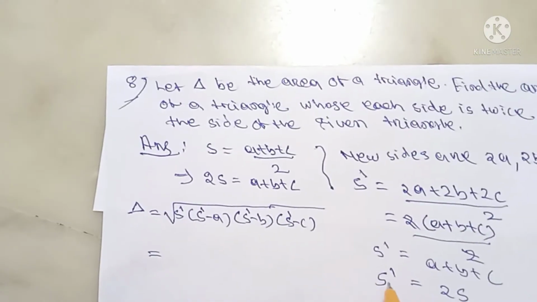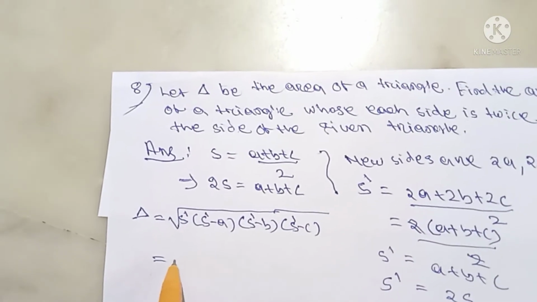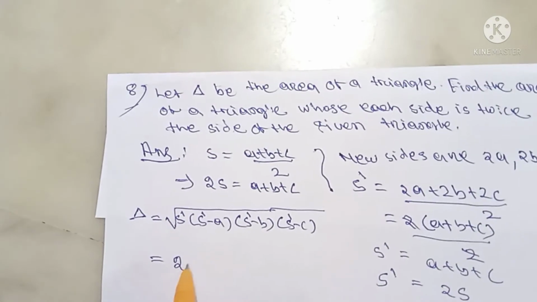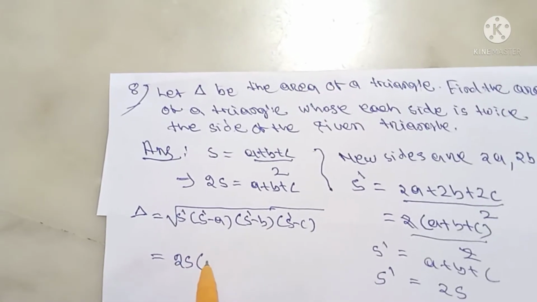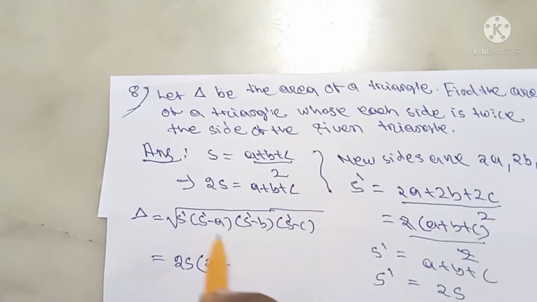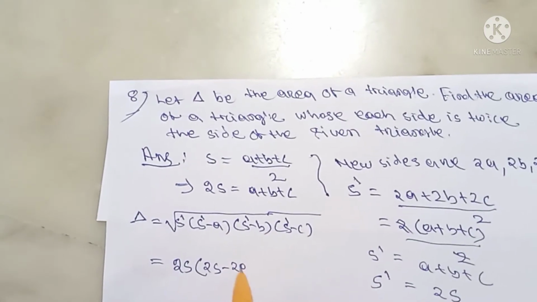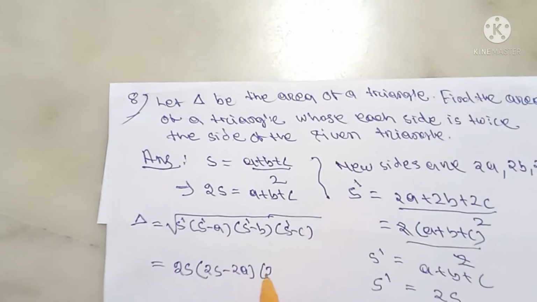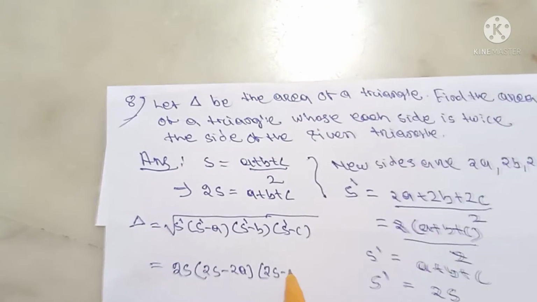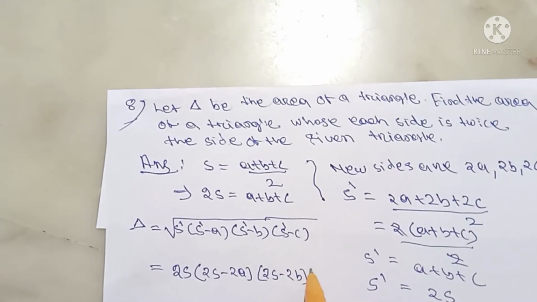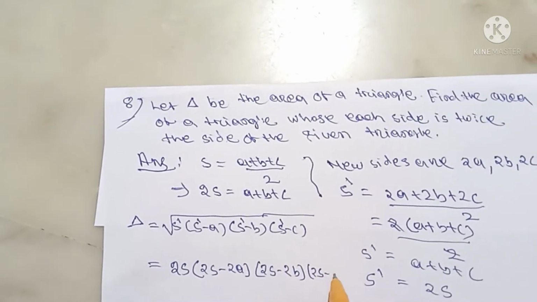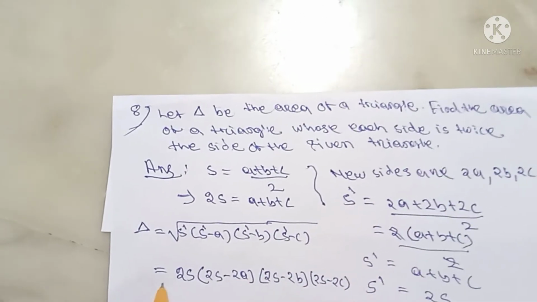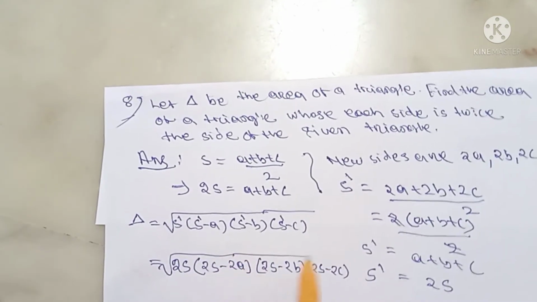Now put the value of S dash. S dash is equal to 2S. Now 2S whole into 2S minus, in place of A put 2A. Then 2S in place of B, 2B. Now 2S in place of C, 2C, whole root over.